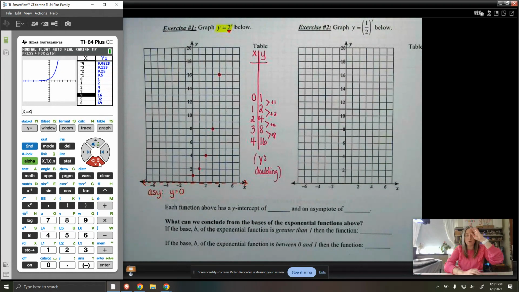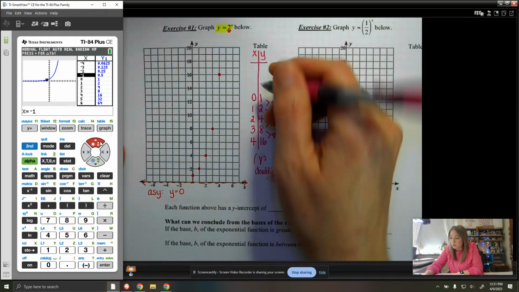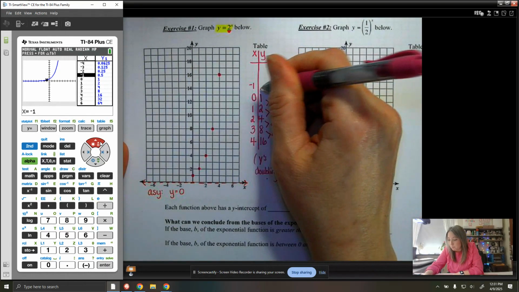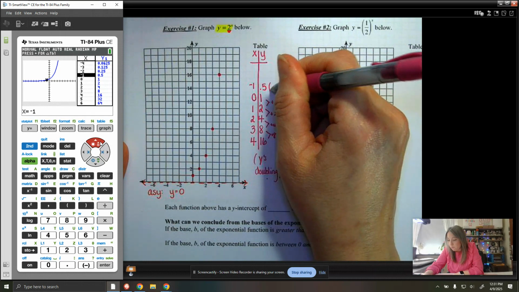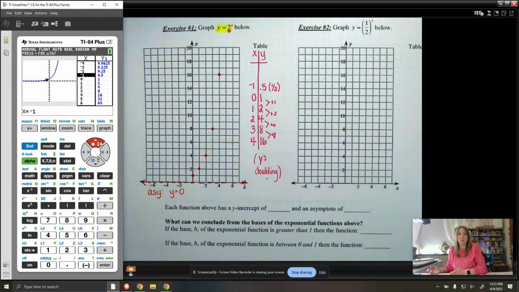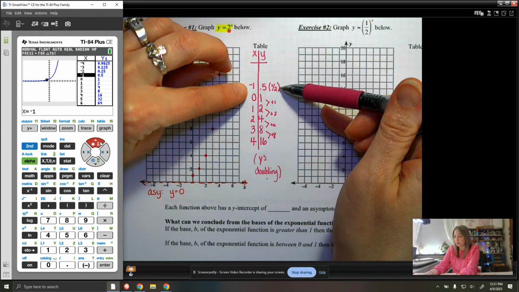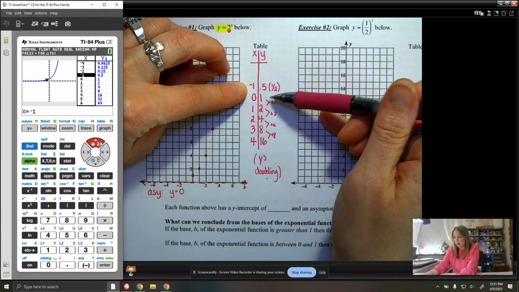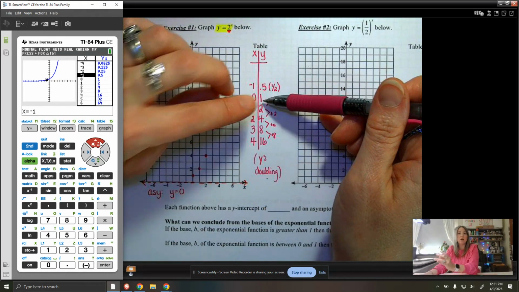So let's think about what those negative exponents, so 2 raised to some negative powers, are actually doing. And let's head over here to negative 1, 0.5. So negative 1, comma, 0.5. Think of 0.5 as 1/2. Oh, so if I had started here, if I'm doubling 1/2, that's where I get 1.